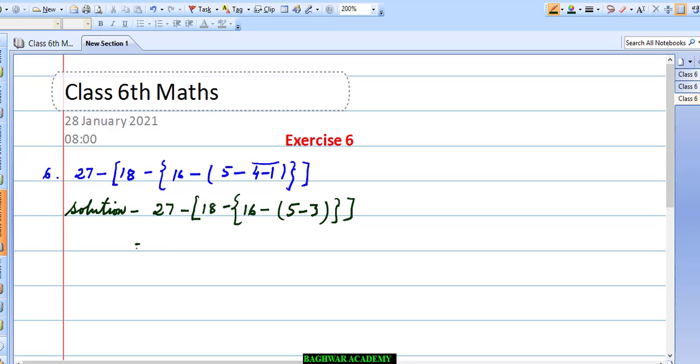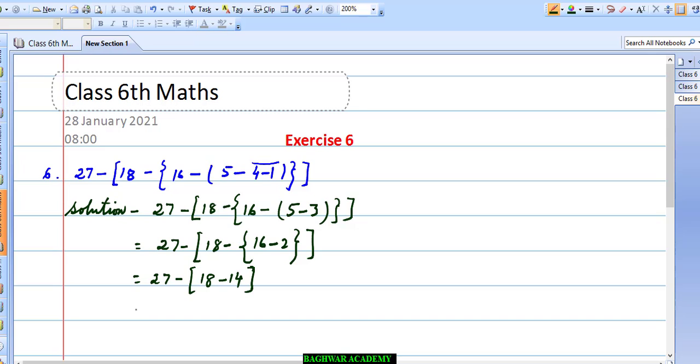Then we have again 27 minus 18 minus 16 minus 5 minus 3, which is equal to 2. And then we will have 27 minus 18 minus 16 minus 2, which is equal to 14. So we will write 14 over here.